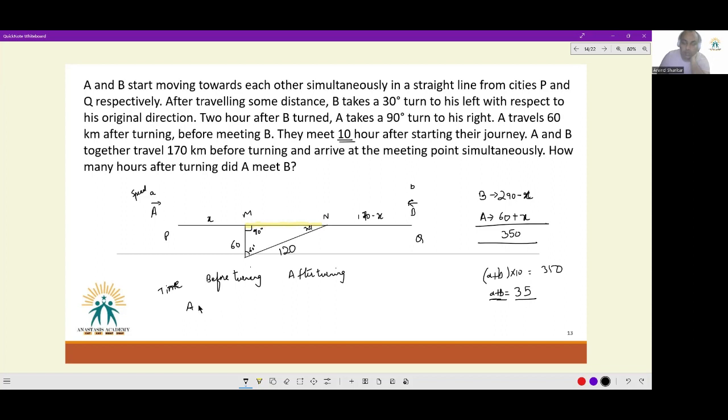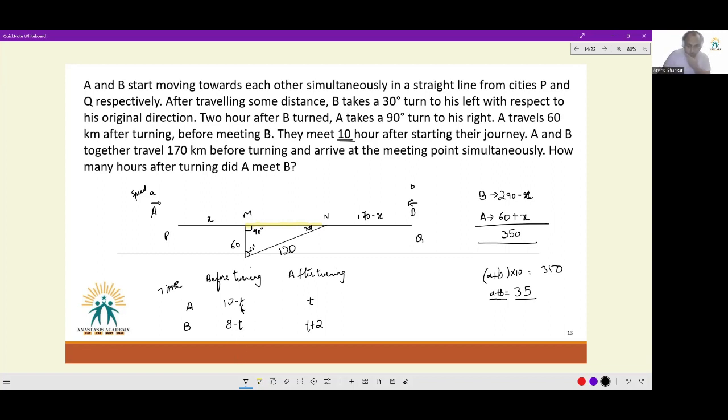A has traveled for 10 hours. If after turning he has moved for t hours, before turning he moved for 10 minus t hours. And B, after turning, has moved for t plus 2 hours, and before turning, he has worked for 8 minus t hours.